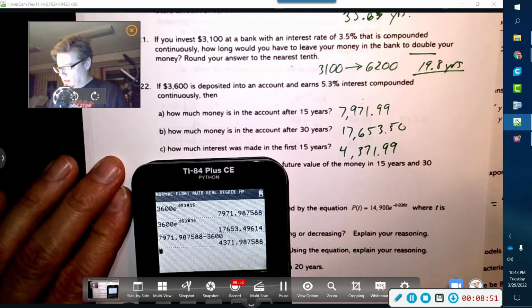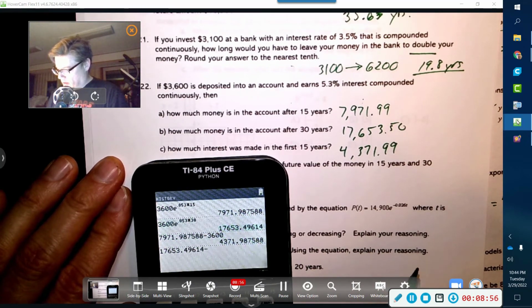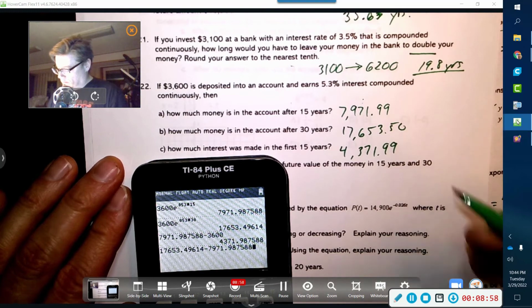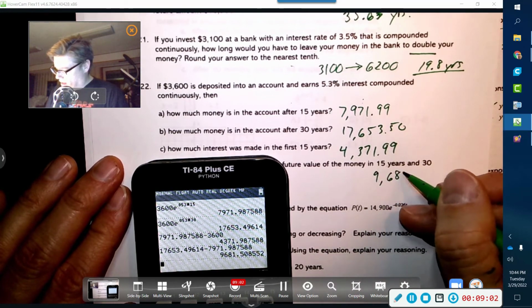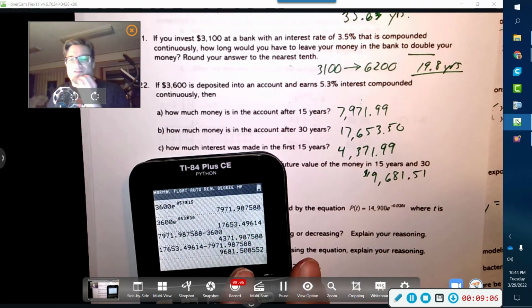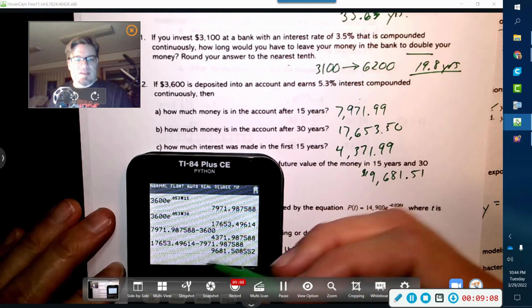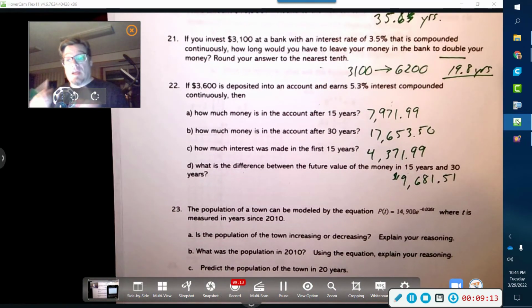Well, take the 17 and you're going to subtract the 15. And that's $9,681.51. Okay, so those are the answers. And if this doesn't make sense, pause it, look at what's in the calculator and see how it was calculated. But that's it. We'll stop right there and we'll finish off.